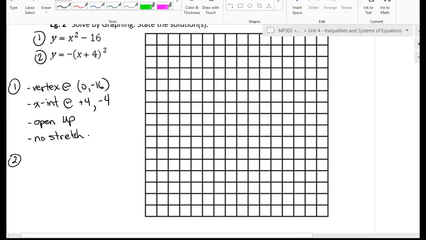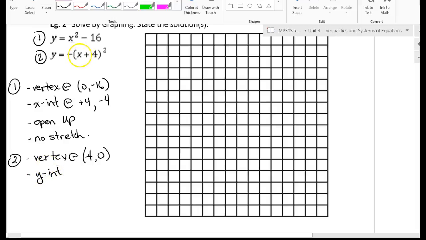Graph of equation 2. My vertex is at negative 4 and 0. My x-intercept is going to be at my vertex, so I don't really need to worry about that. But my y-intercept I do need to define.